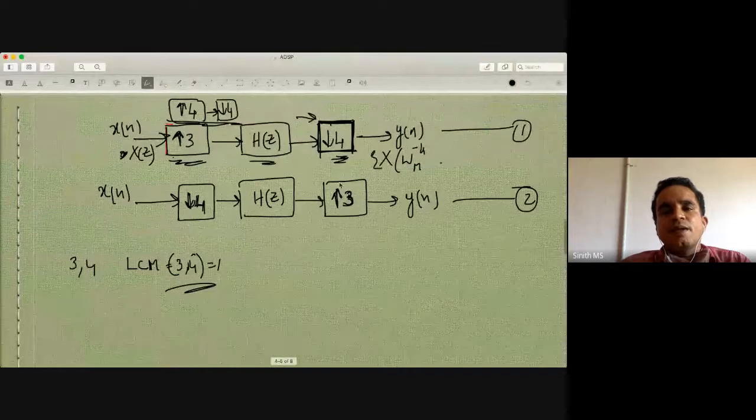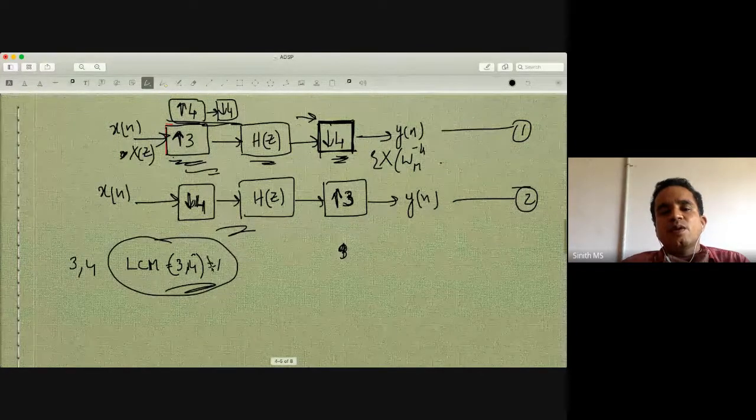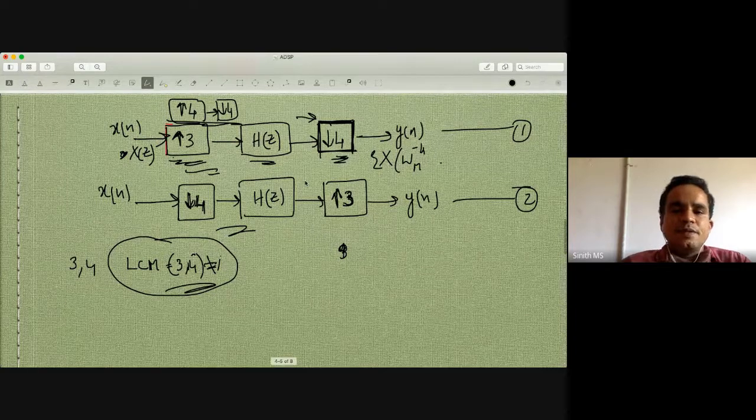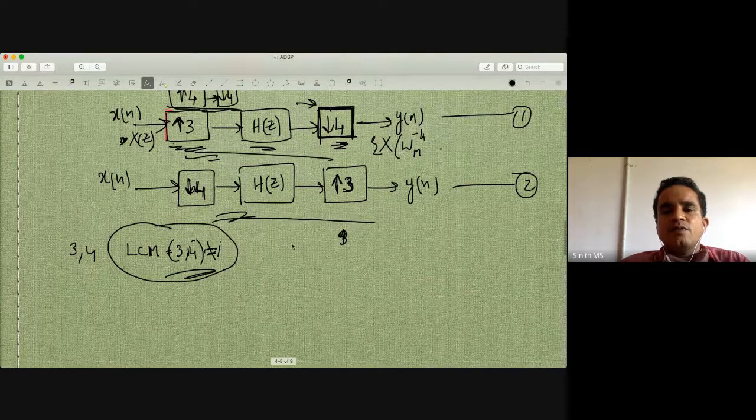But that will be the same whether you do it this way or this way, as long as 3 and 4 are prime to each other, meaning they don't have a common factor other than 1. So in this case, these kinds of systems will be the same unless the two factors have common factors.